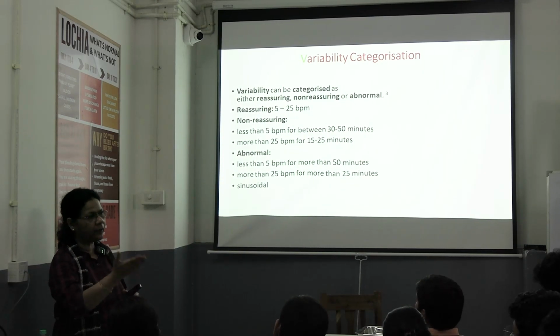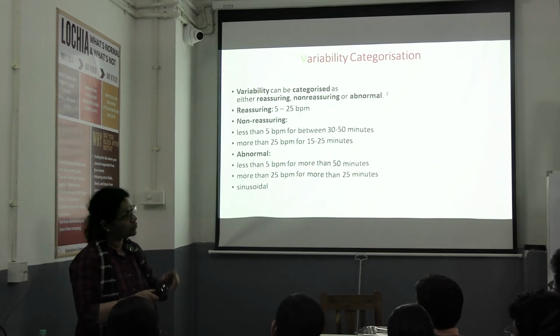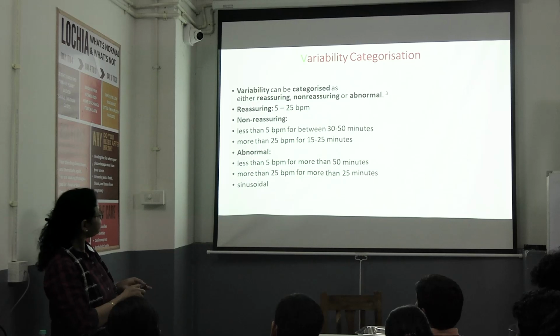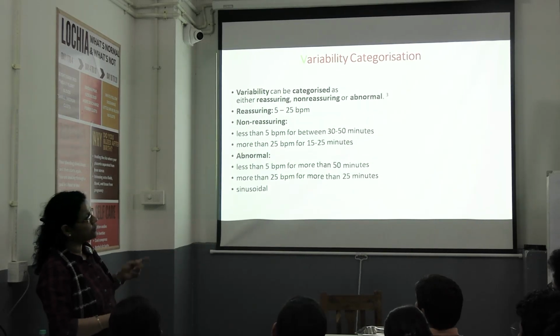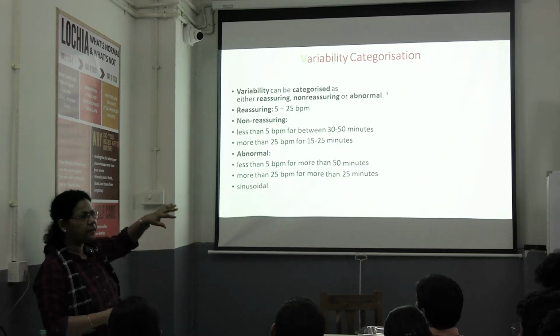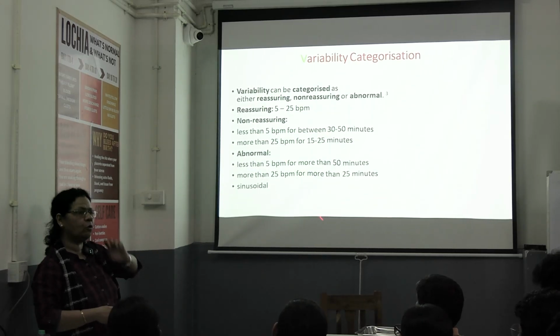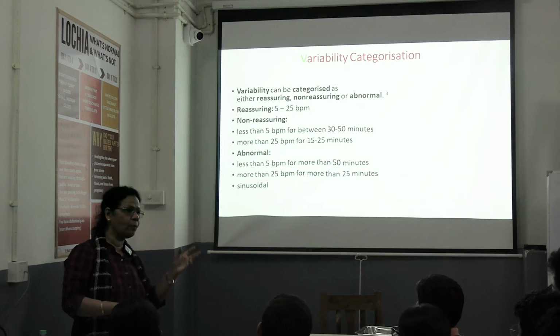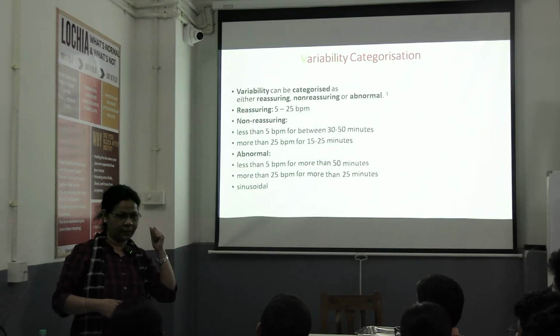We always tell the mother to lie on the left lateral side so that the circulation is better. That could be a postural change. And abnormal is if it is persisting for more than, say, 50 minutes, almost an hour, that the variability has decreased, or it is more than 25 for more than 25 minutes. These are abnormal CTG and you have to be cautious. You might have to take out the baby.